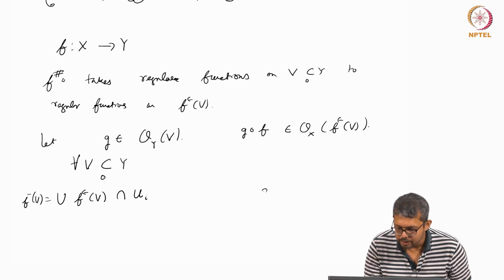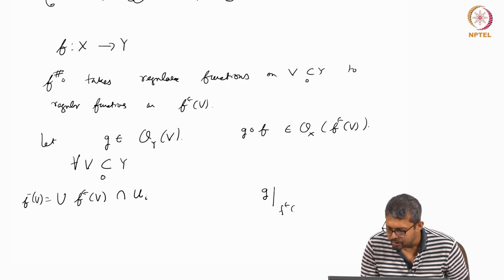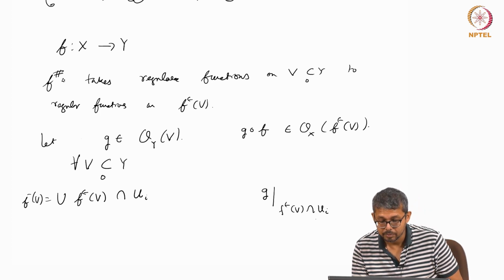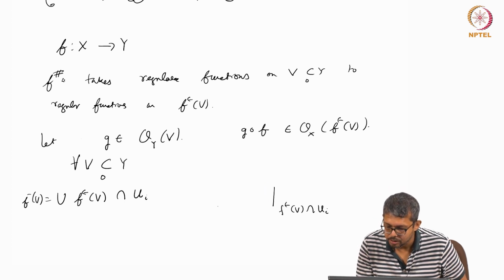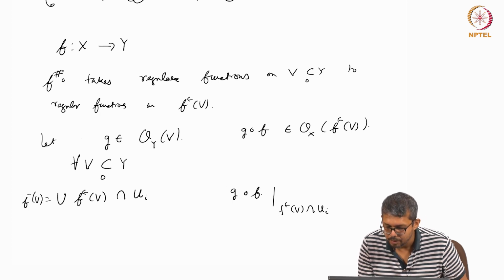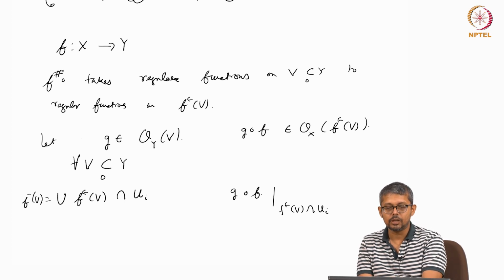So consider g restricted to this F inverse of V intersection U_i, or let's write g composition F. g composition F is an element of O_X of F inverse V. Now you restrict it to F inverse V intersection U_i, right?